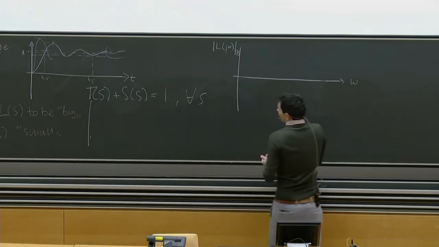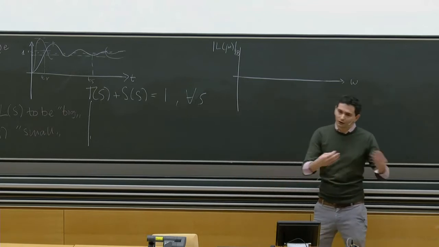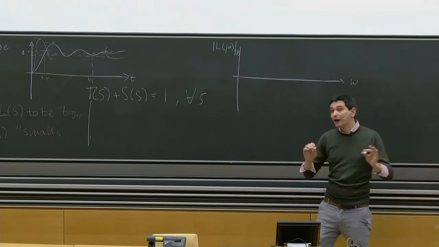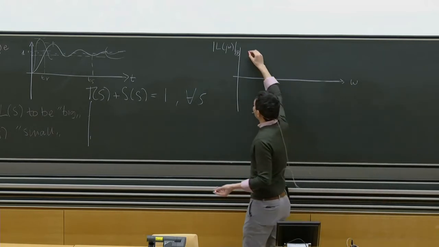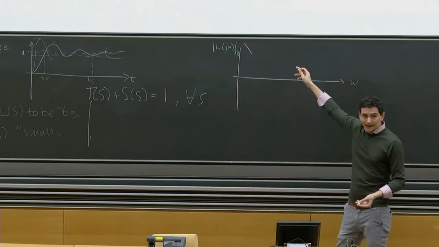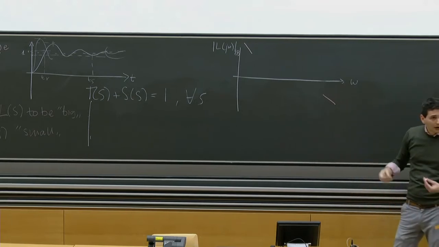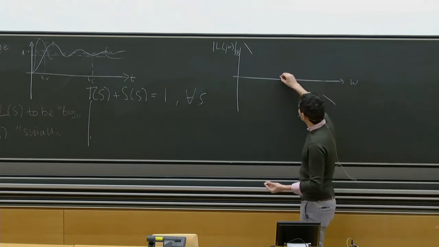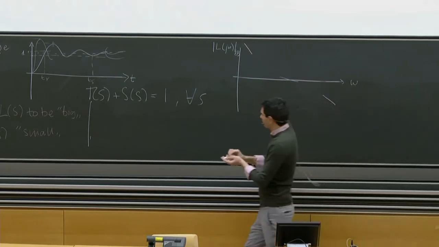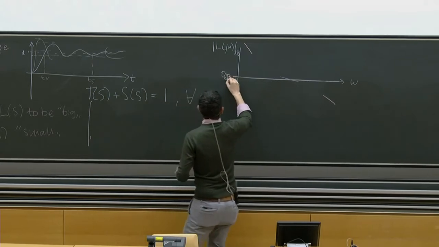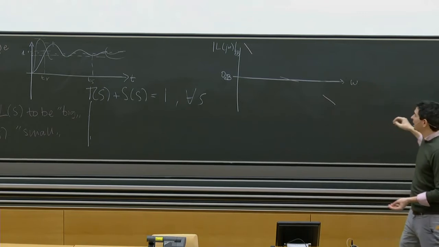And we said, if we want a good control system, a system that guarantees good performance, good tracking and disturbance rejection at low frequency, good noise attenuation at high frequency, and a stable system, we want high magnitude of L at low frequency, low magnitude of L at high frequency, and some sort of gentle intersection at the crossover frequency. Crossover frequency is defined when the magnitude crosses the 0 dB line. Remember, these are decibels, it's not linear, okay?